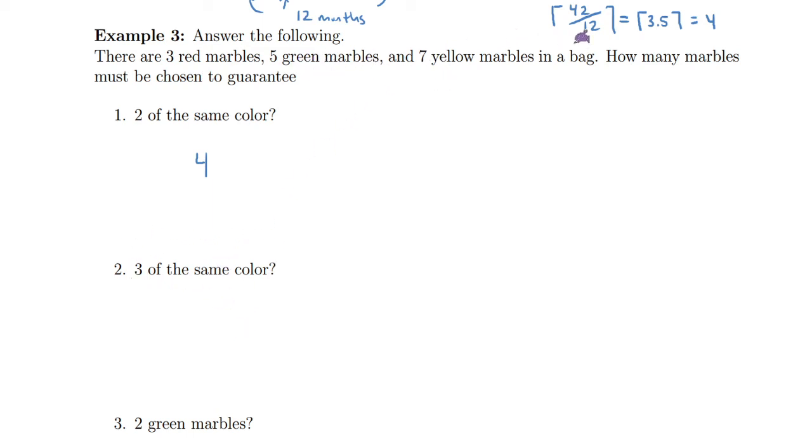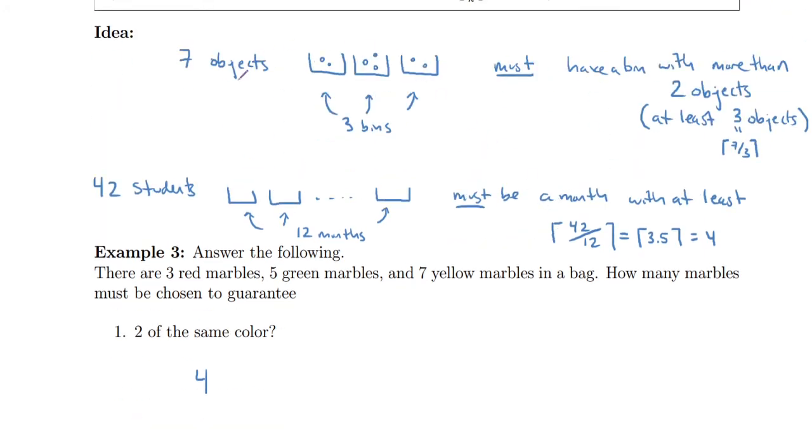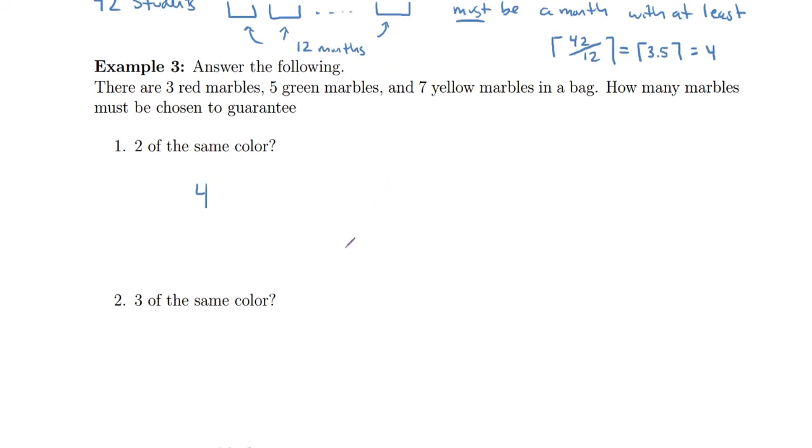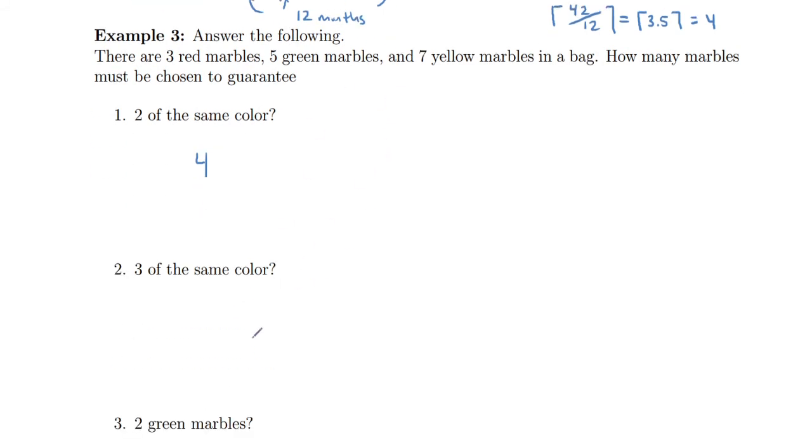But as soon as you choose that 7th one, then we're playing the same exact game that we had in the first example up here. As soon as you choose that 7th one, you know that you're going to have a bin that has at least 3 objects in it. So you would have to choose at least 7. If I choose 7, I'll be guaranteed that I have at least 3 here.